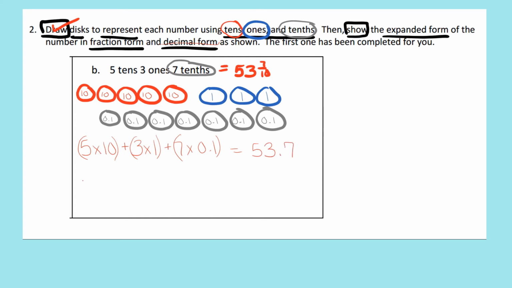Now let's write it as a fraction. The 5 and the 3 stay the same. It's still 5 times 10. It's still 3 times 1. But this time I need to write tenth as a fraction. 7 times 1/10. And I'm going to write the answer in fraction form instead of decimal form.